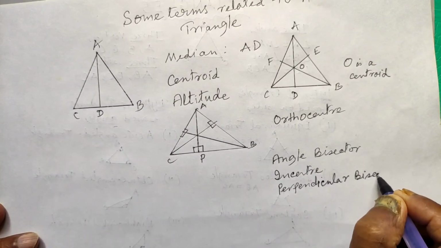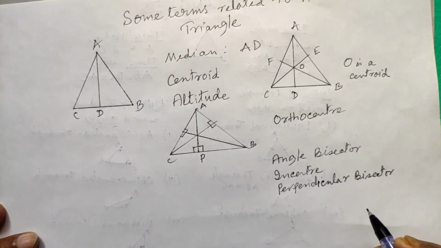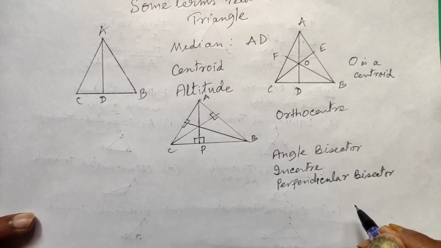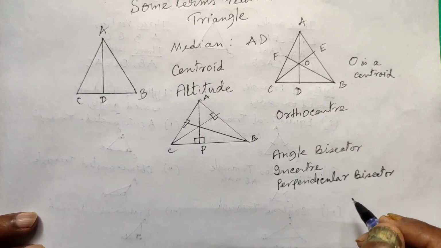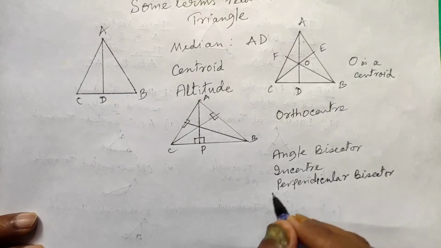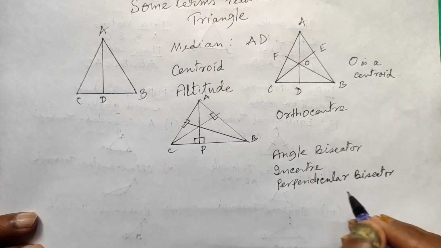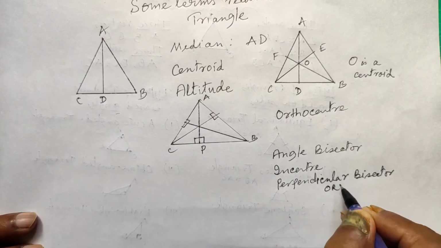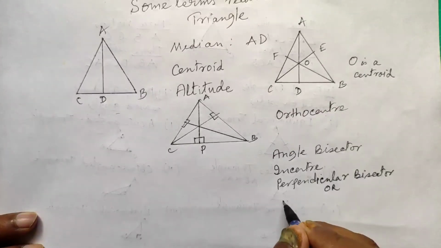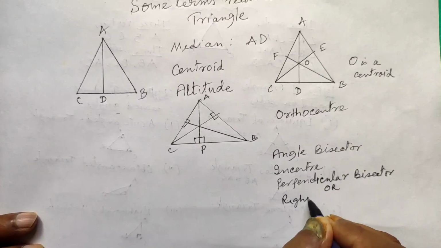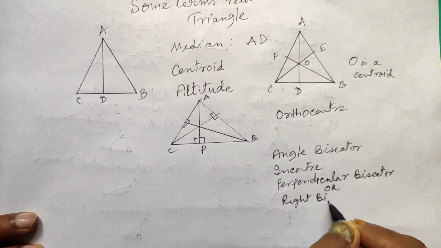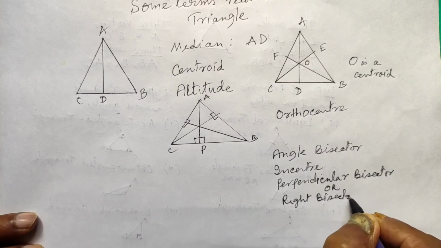Here you can say right bisector, or you can say this one particularly right bisector.